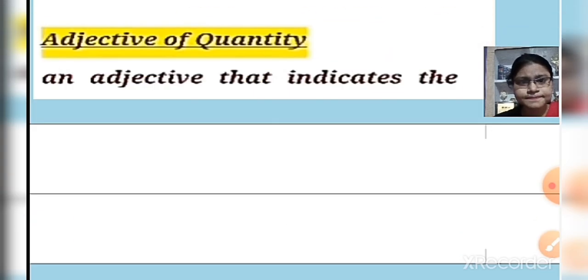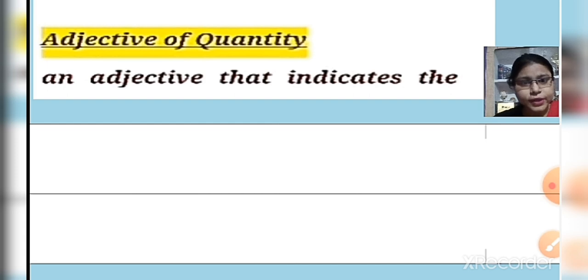That is, yeah, adjective of quantity. Okay, in the last class we had already talked about adjective of quantity, but as we are talking about adjective of number, it is my duty to teach you again and teach you more about adjective of quantity, so that confusion is not created.